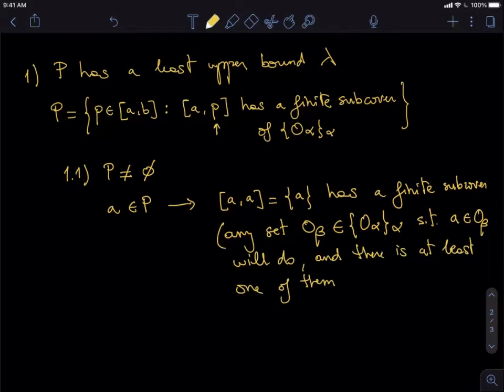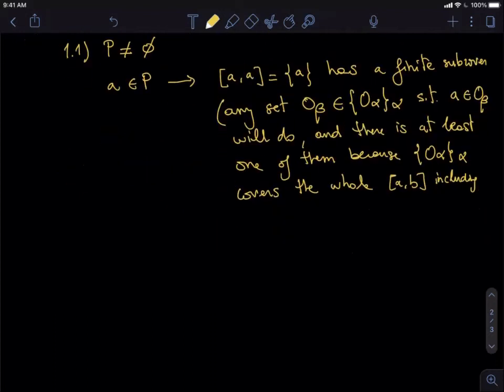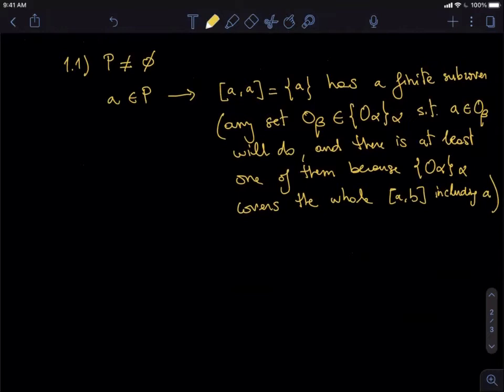Why? Because the original open cover covers the whole set AB. So it has to cover the point A too. Okay, so the original open cover covers the whole AB, including A. Okay, so it's not empty. We are good here.